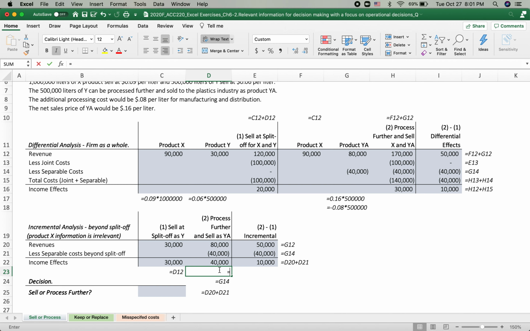or we can just calculate like this: 16 cents times the same way 500,000 and 8 cents times 500,000 liters, right? In the same way. Oh, we have to put here.